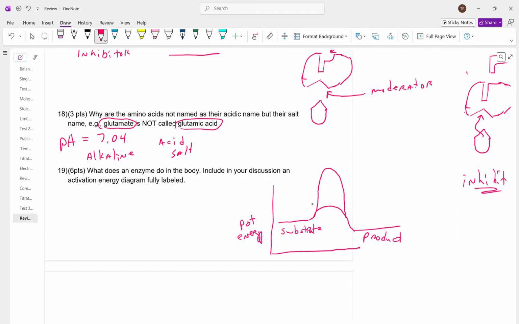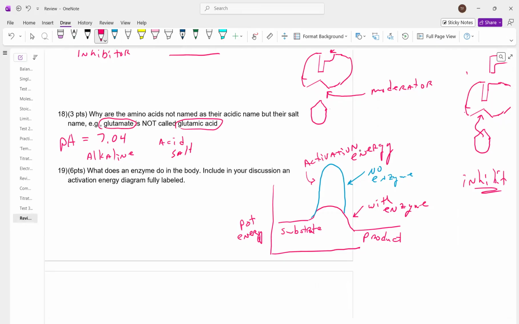Now, without the enzyme, okay, so the activation, and this is called the... okay, that hump is the activation energy.